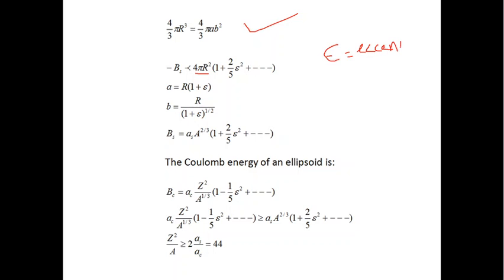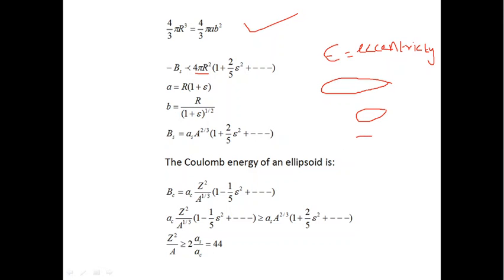What is eccentricity? It tells you by how much the shape is deviating from a spherical shape. So the more the eccentricity, the more the distortion is going to be. If the eccentricity is less, then the shape is going to be less distorted.